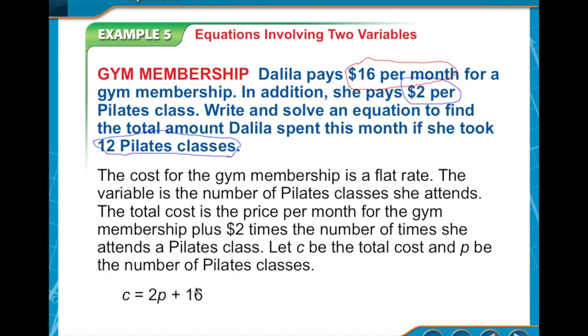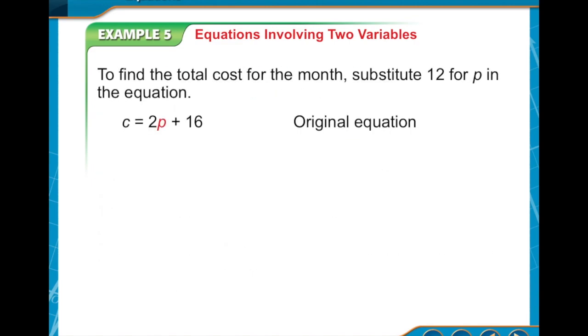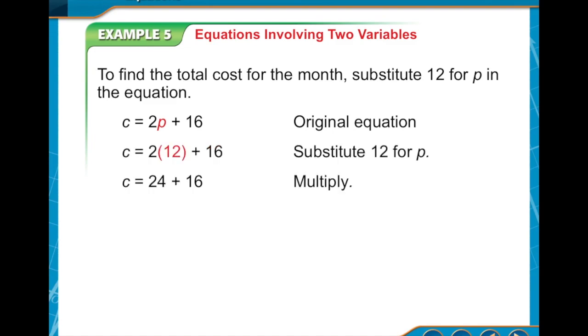Now we need to solve the equation using the number they gave us. So we know P in this example, the number of classes she attended, is 12. So we can substitute 12 for P in our example. If we do that here, we see that P becomes 12. 2 times 12 we know is 24.